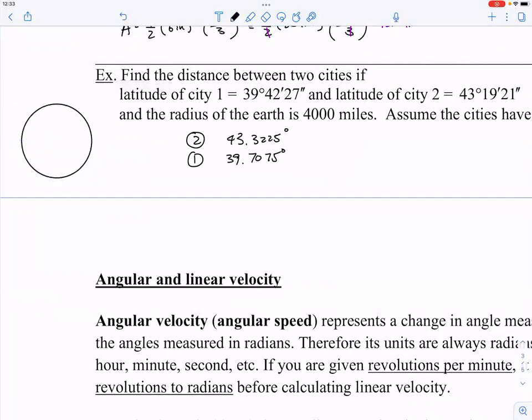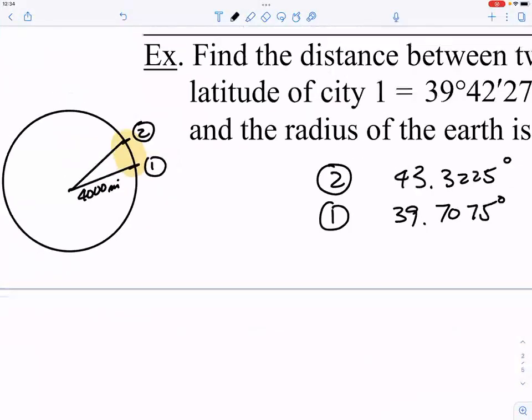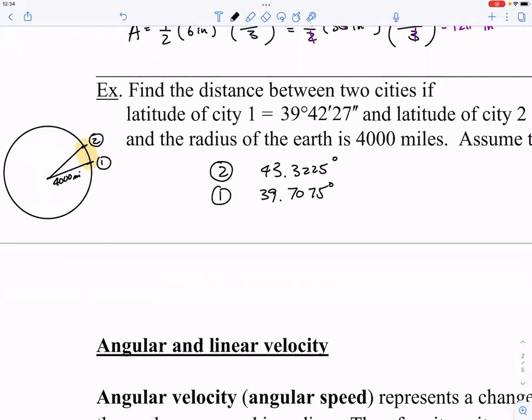We have 2 cities at 2 different latitudes. City 2 is slightly higher than city 1. So what you can do is find out the arc length right here. And we gave you the radius, which is 4,000 miles. If you can find out the little theta between these 2 cities, hey, we're good.